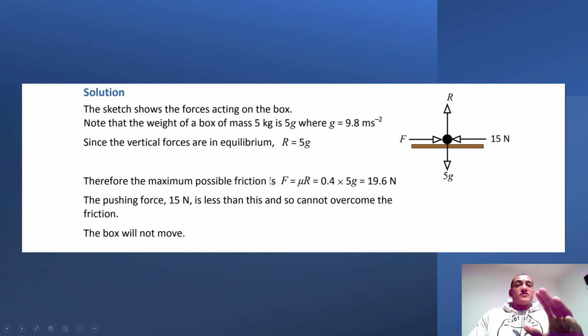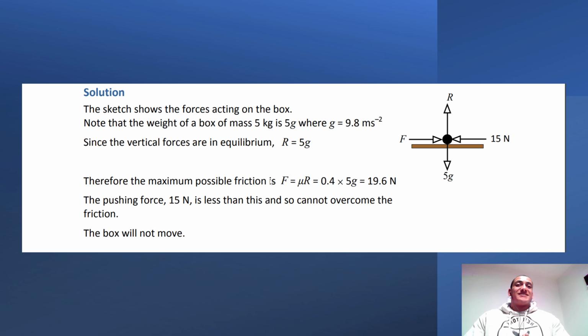Using the formula I showed you a few slides ago, F equals UR. So we're going to do 0.4, since the coefficient of friction is given, multiplied by 5, multiplied by 9.81. This will equal 19.6 newtons.